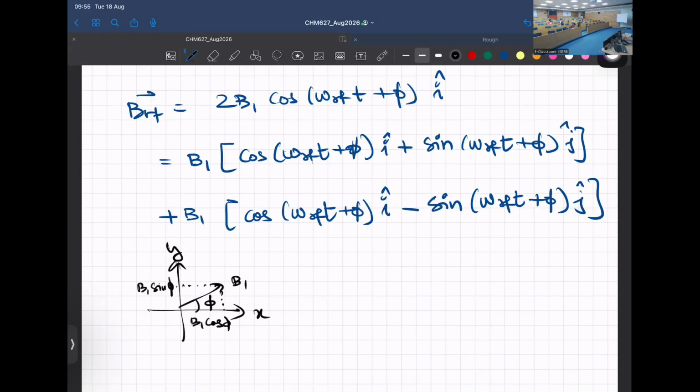And phi keeps going in the counterclockwise direction. So at any point, on a projection, you get B1 cos phi, B1 sin phi, a (cos phi, sin phi) kind of component. On the other hand, if you're going the other way, it's going to be B1 cos phi, minus B1 sin phi. So basically, you have a linearly polarized light now decomposed into right circularly polarized light and left circularly polarized light.